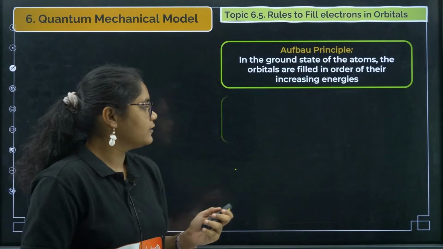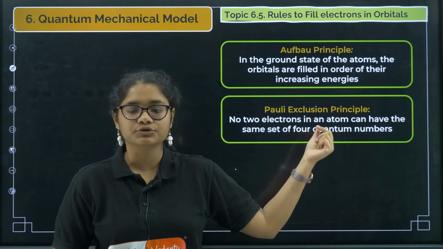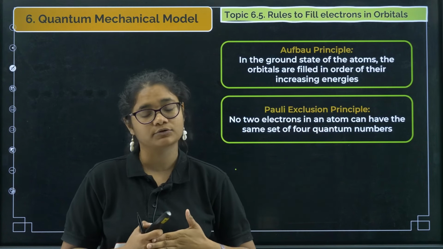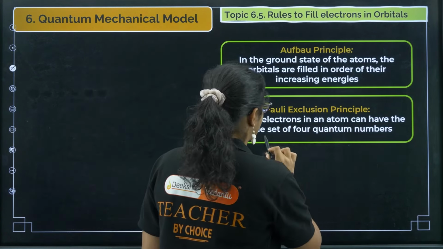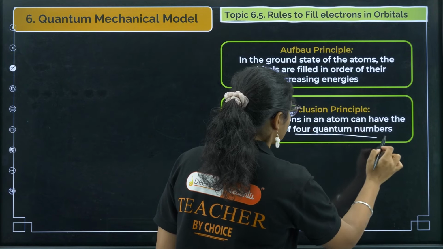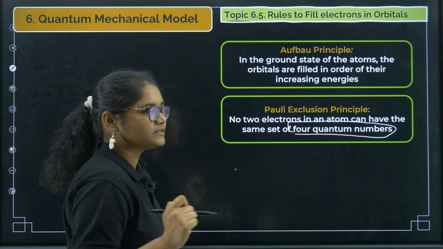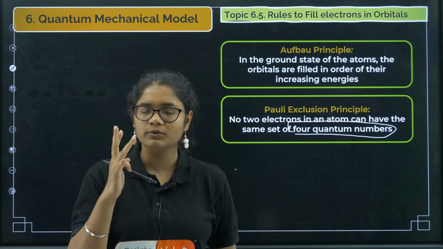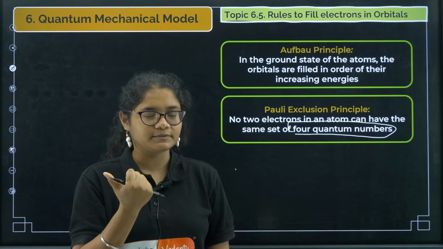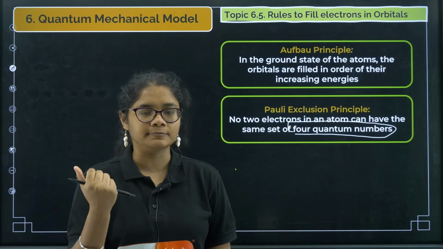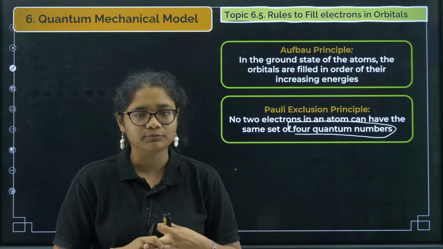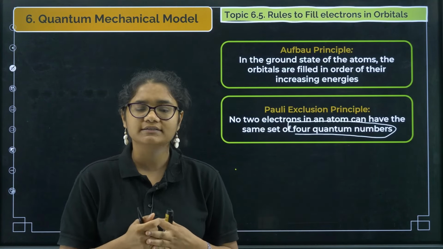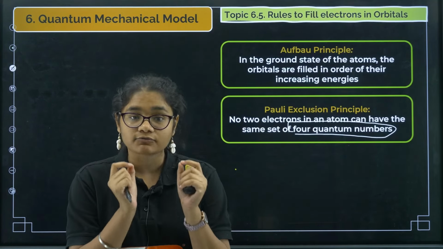Next we have Pauli's exclusion principle. What does it tell you? That no 2 electrons in an atom can have the same set of 4 quantum numbers. A question arises, ma'am, you have told us only 3 quantum numbers: the principal, magnetic and azimuthal quantum numbers. Then what is the 4th quantum number?